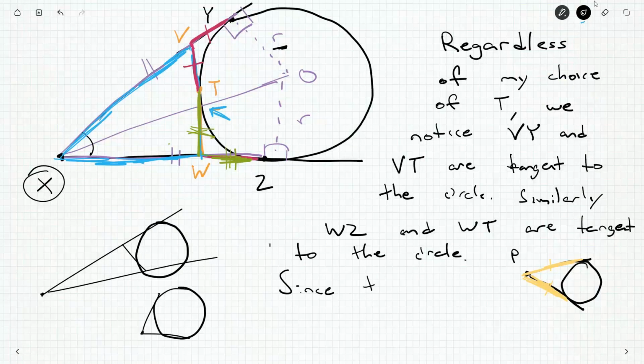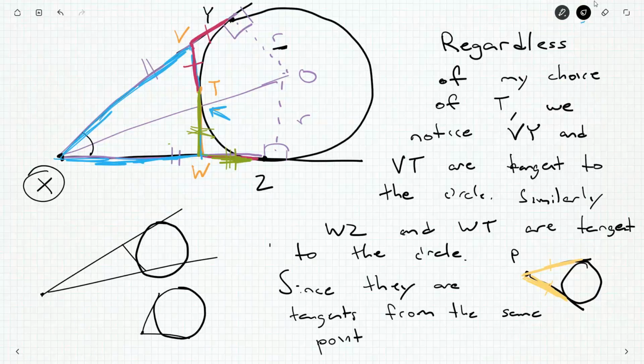And I'll say something like, since they are tangents from the same point. By the way, if you didn't know this property, that might be something to look up, Google circle geometry, circle properties, that sort of thing. But if I pick a point and a circle and I connect up the tangents, you will get the same lengths.